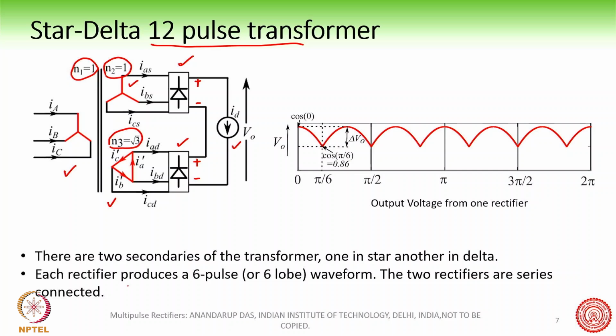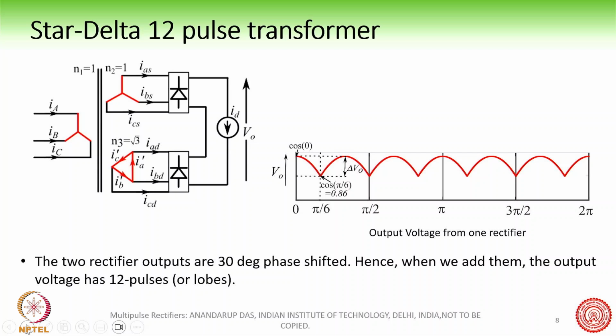Now, each rectifier is going to produce a 6 pulse, or 6 lobe, wave. For example, if you see the output of, say, V01 and V02, you will see that V01 is something like this. This is the waveform we saw a few slides back, that the output of one rectifier is a 6 pulse waveform.